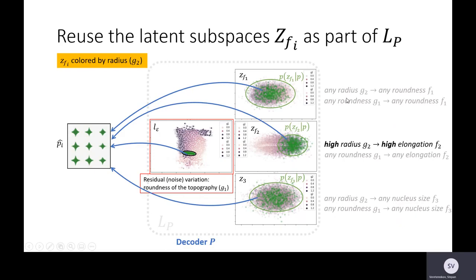The second step was to reuse the latent subspaces, ZFi, as part of the latent space for topographies. And this is the most important concept of the model, where the latent subspaces are reused, but they change the interpretation.